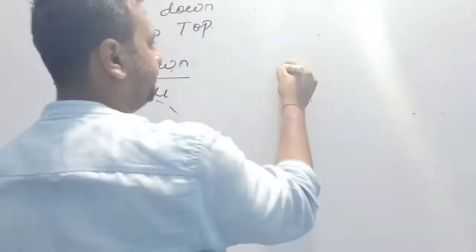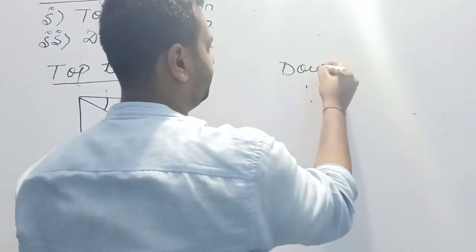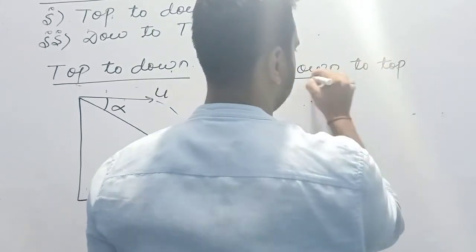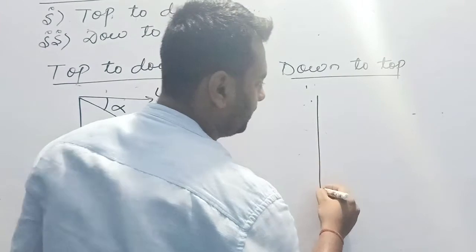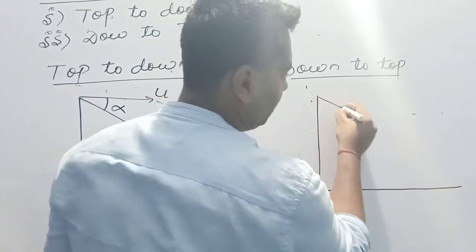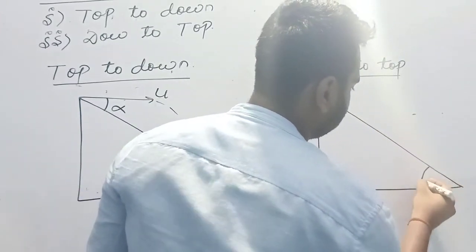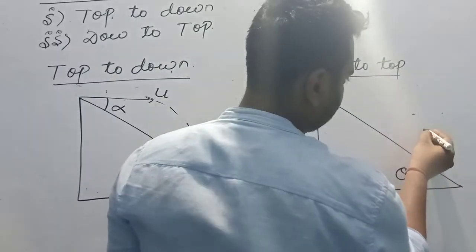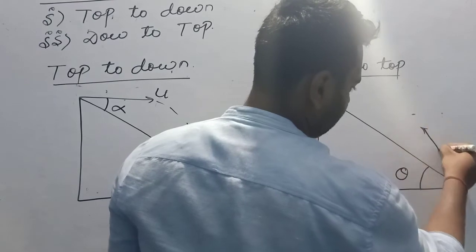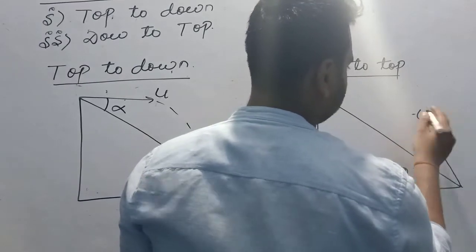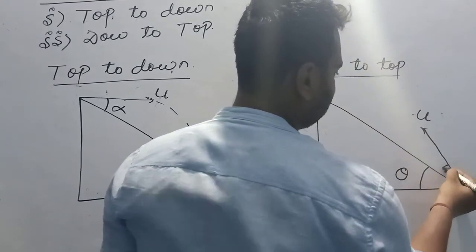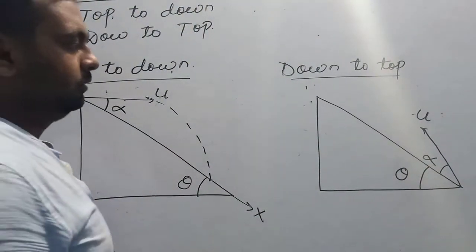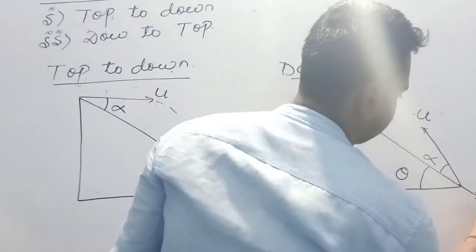Another case is down to top. In down to top, consider an incline whose angle of inclination is theta, and the object is projected with initial velocity u, making angle alpha with the x-axis.